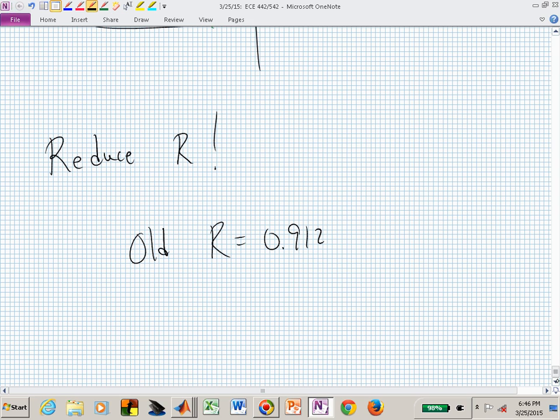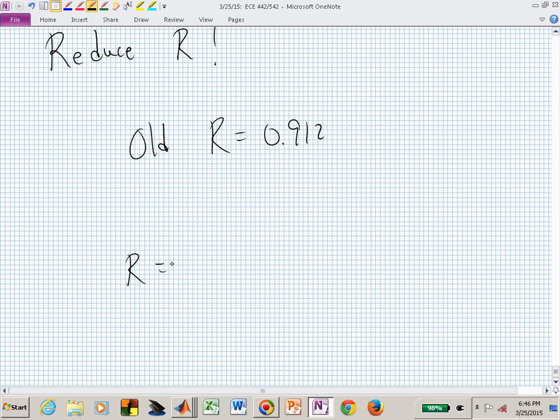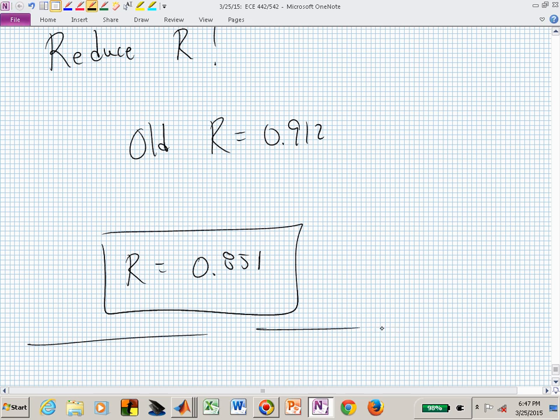You actually need to pick an R value of, drum roll please, 0.851 to satisfy all three specs. Percent overshoot is zeta, settling time is R, and the peak time is the angle theta sub d. I'll try to, after this, write down where that's coming from, and you can read the notes after the fact.